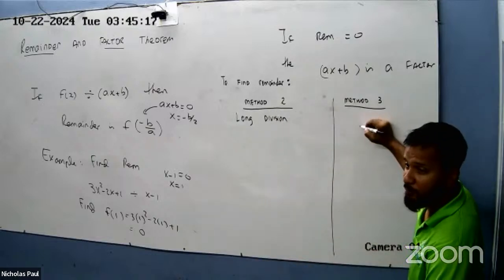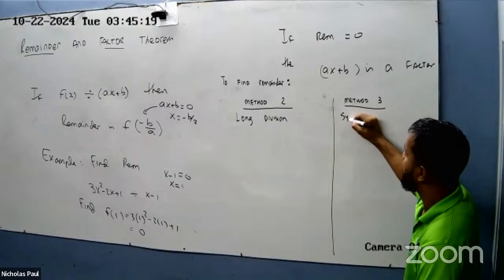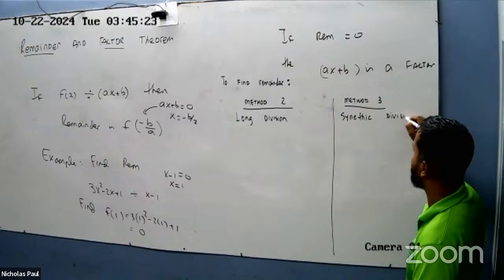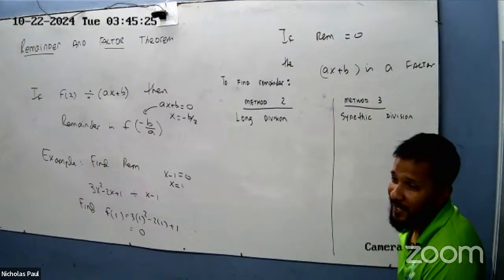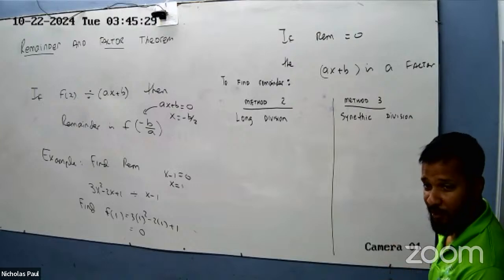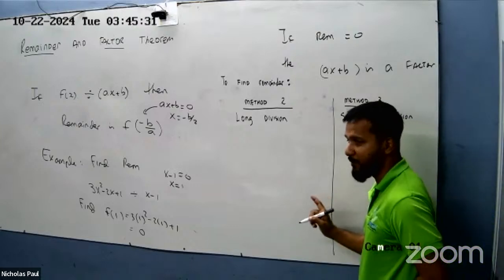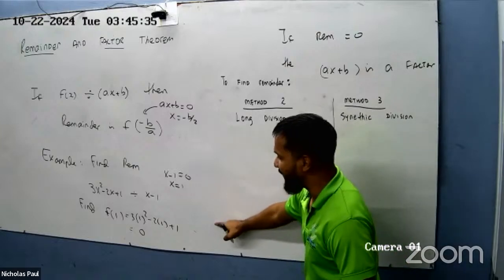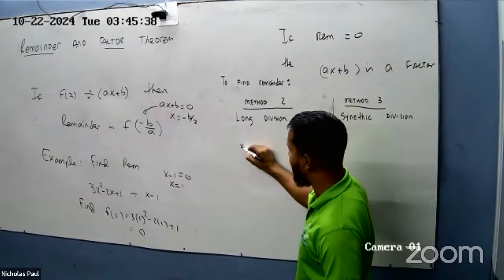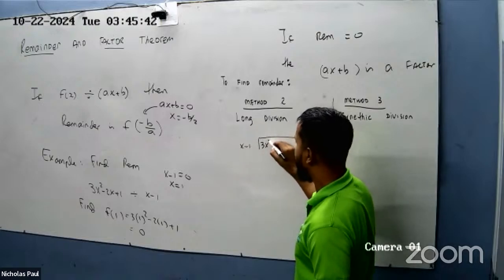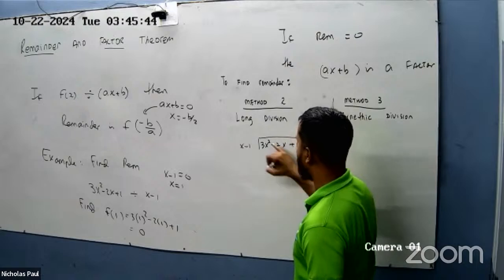And method 3 is called synthetic division, a slightly easier way to get it, but if you never did it before, it might look hard at first. All right. So watch this one here first. Long division. I am going to do this one over as an example. So I'm going to divide x minus 1 into 3x squared minus 2x plus 1.